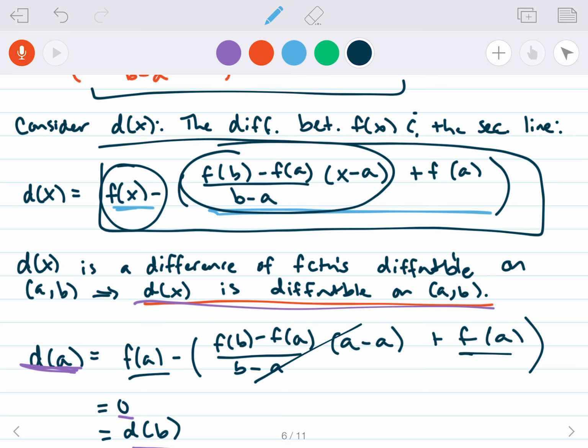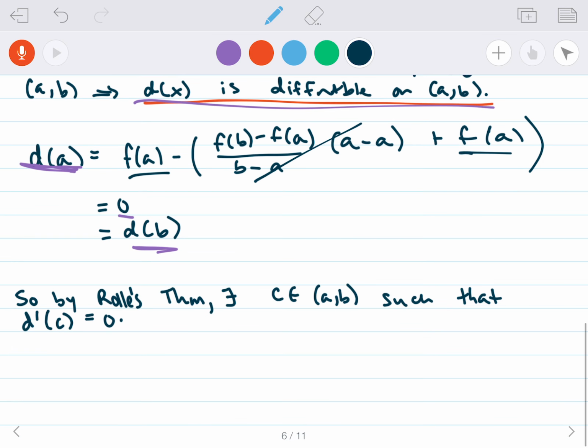And then minus a times a constant, that's a constant too, so that disappears with the derivative. And then this is a constant, so that disappears. When you take d prime of x, you're just left with f prime of x minus f of b minus f of a over b minus a. So let's write that down here.